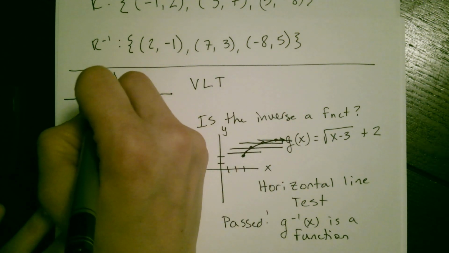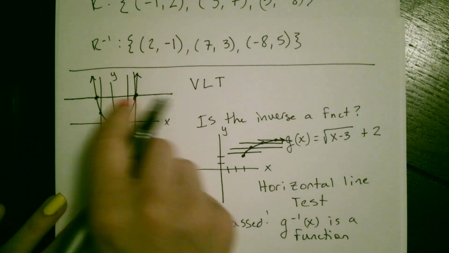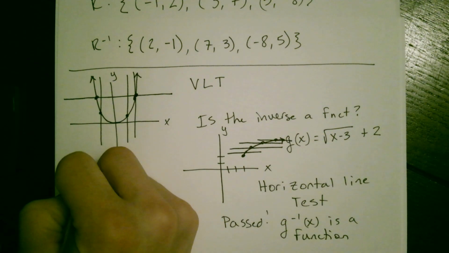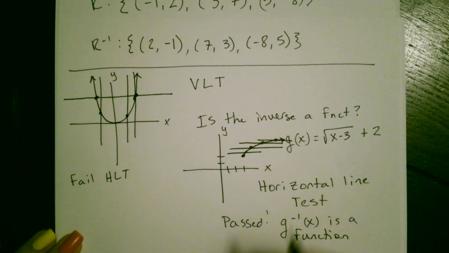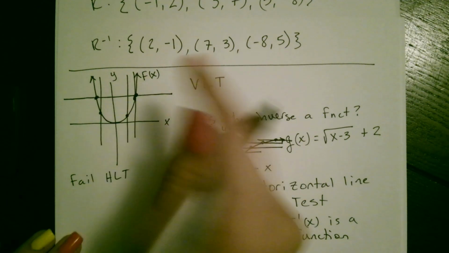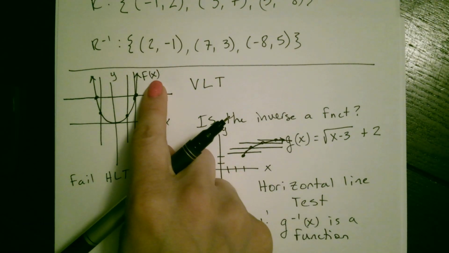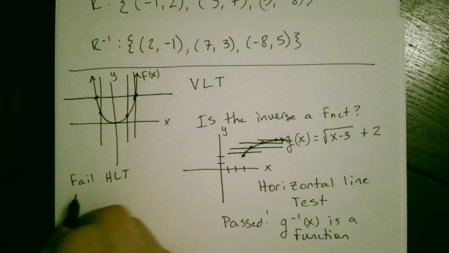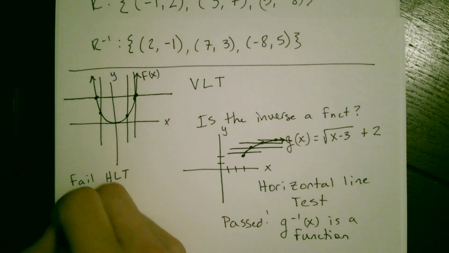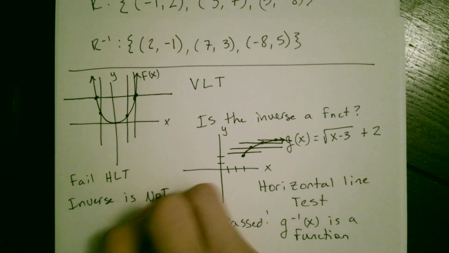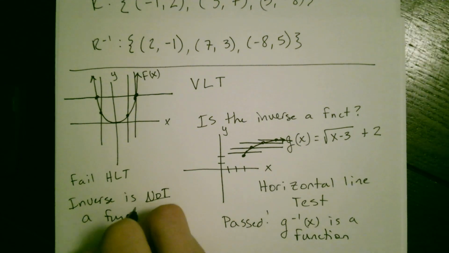I can draw a line just in this spot right here, and it crosses at 2 points, so I know that this is going to fail the horizontal line test, which means, let's pretend this was f of x, that the inverse of this function is not a function.